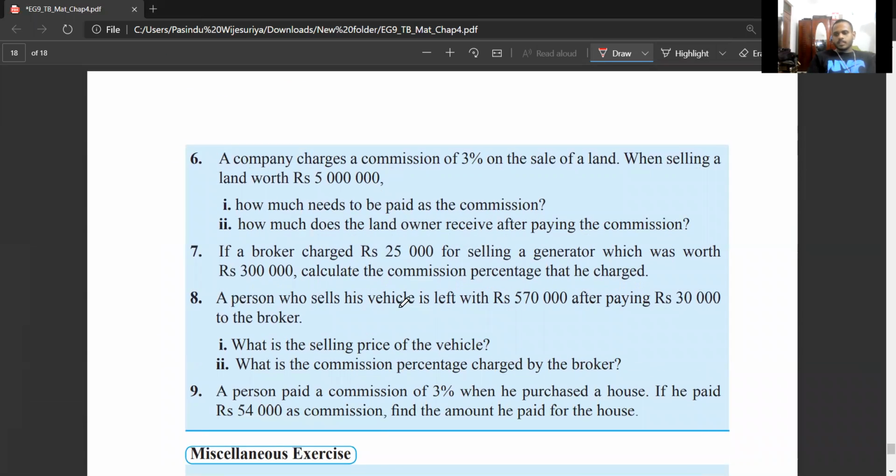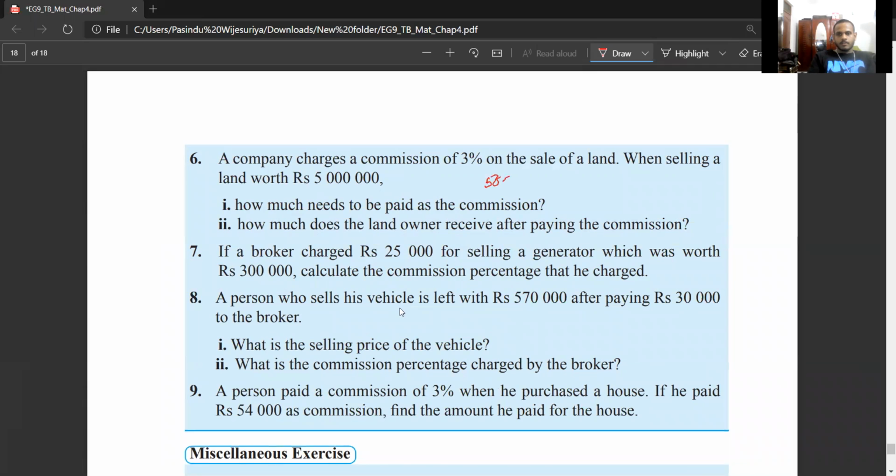A company charges a commission of 3% on the sale of a land when selling a land of 5,000,000. Yeah, 5 million. How much needs to be paid as the commission?